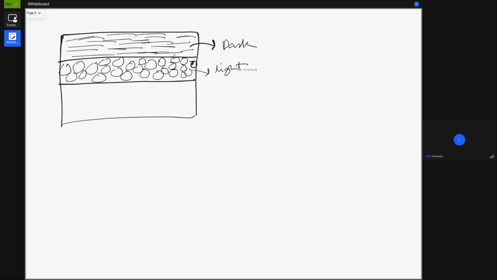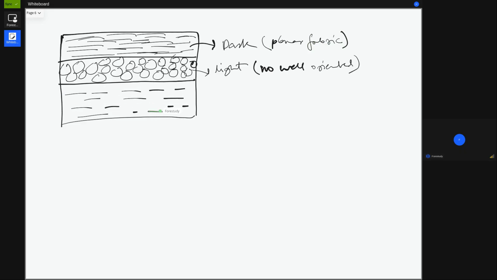These are not well oriented, whereas the others are planar fabric. Again, another band will be there like this. So, alternating bands of planar fabrics and non-foliated, non-aligned grains.